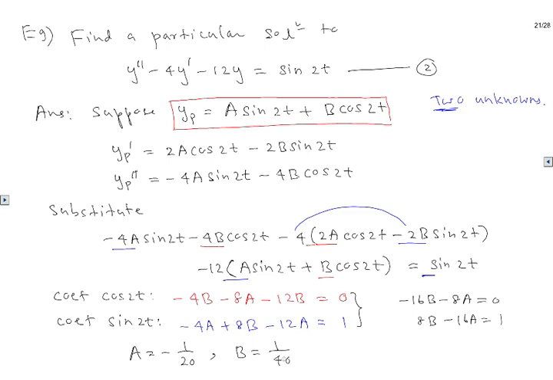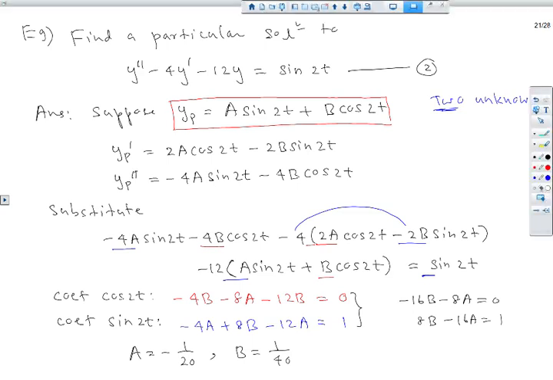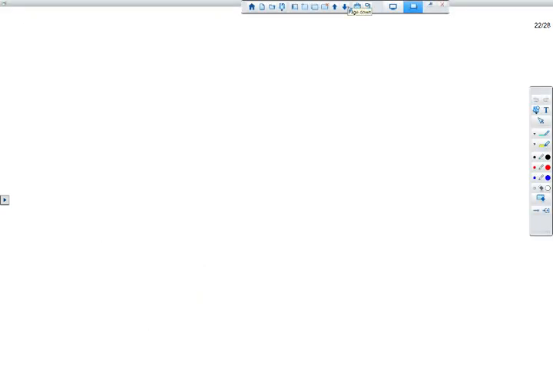So the particular solution is yp equals a is negative 1/20 sine 2t plus 1/40 cosine 2t.